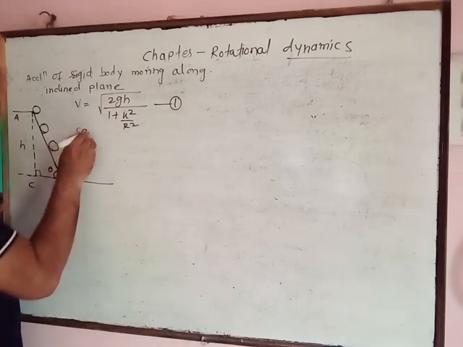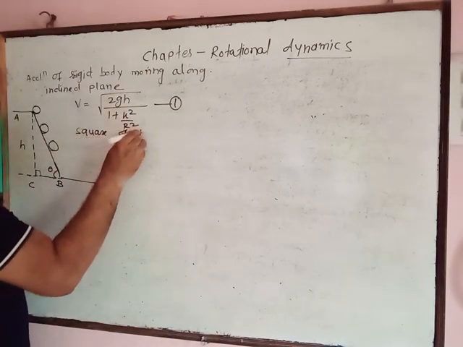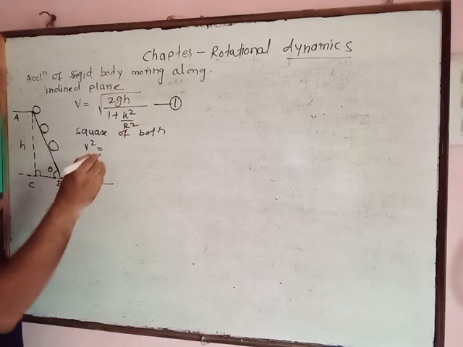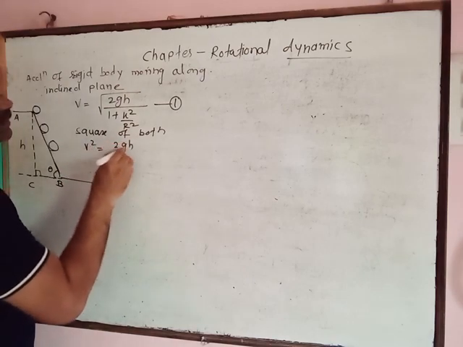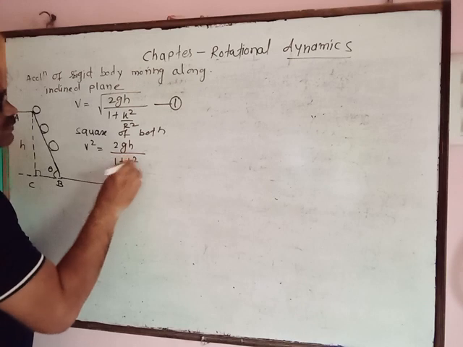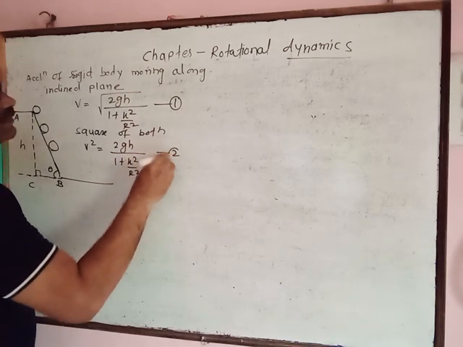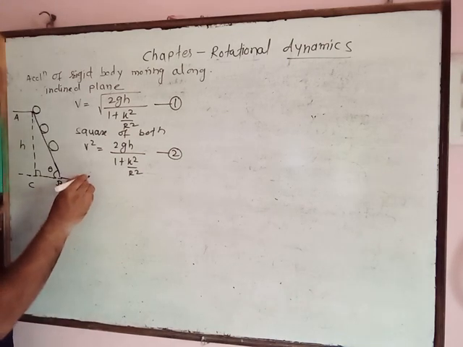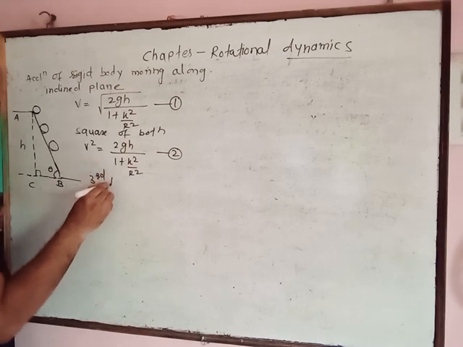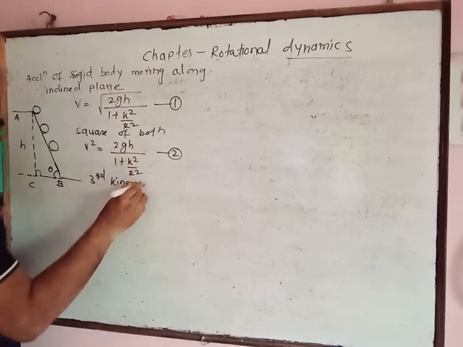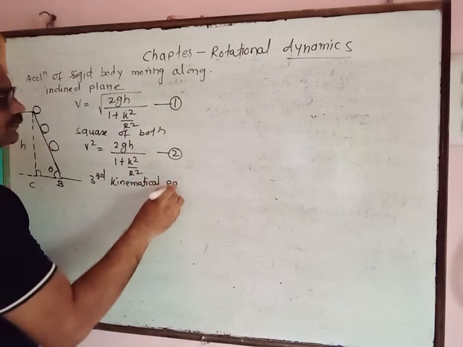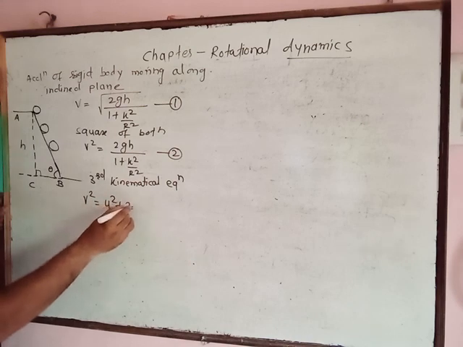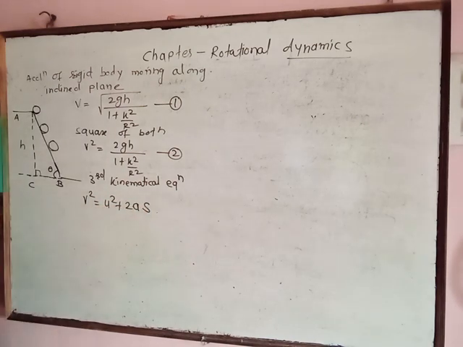Now suppose we take square of both sides. Therefore we get V square equal to 2 times gh upon 1 plus k square upon r square, and this is equation number 3. Now suppose we use the third kinematical equation, V square equals u square plus twice a into s.